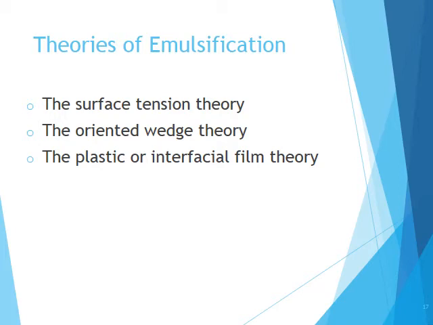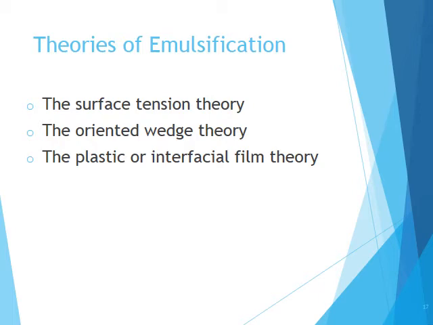Now, the second theory, which is the oriented wedge theory, is based on the fact that the emulsifying agents have two different parts, a polar and a non-polar portion. When you add the emulsifying agent to the emulsion, the emulsifying agent will orient itself between the two phases.